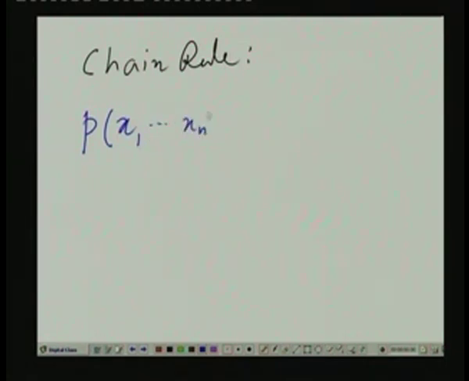We can form a chain rule using these. That is, you can now write like this. First isolate xn.